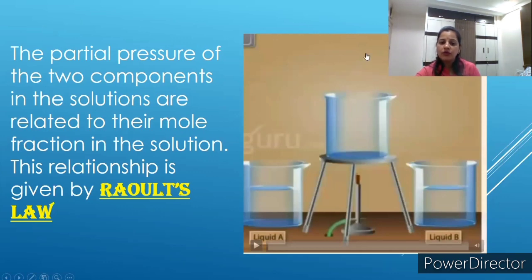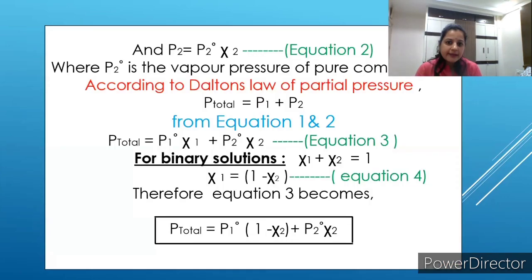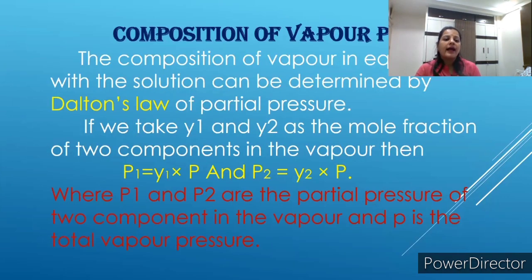If I want to calculate the composition of the vapor phase, the expression was given by Dalton. Dalton says that the composition of the vapor in equilibrium with the solution can be determined by Dalton's law of partial pressure.